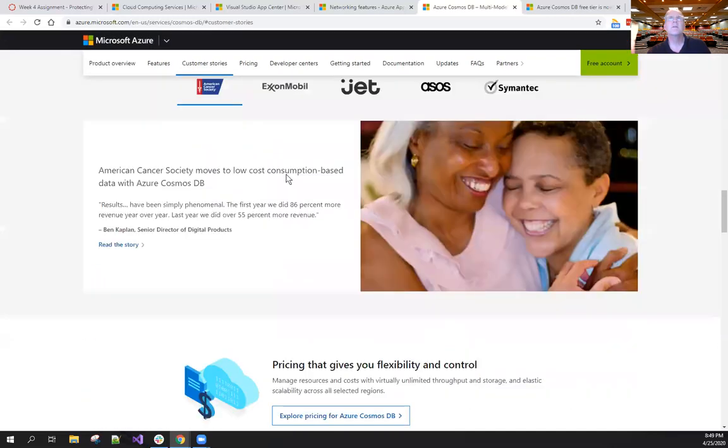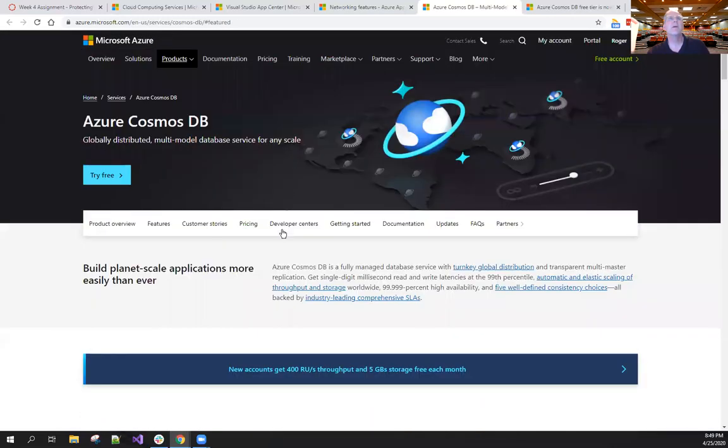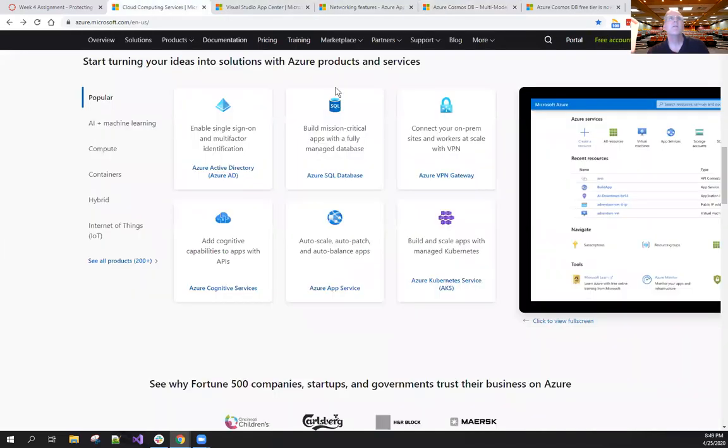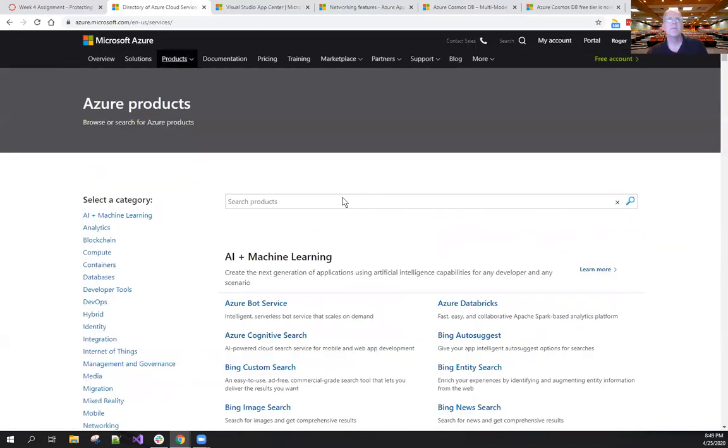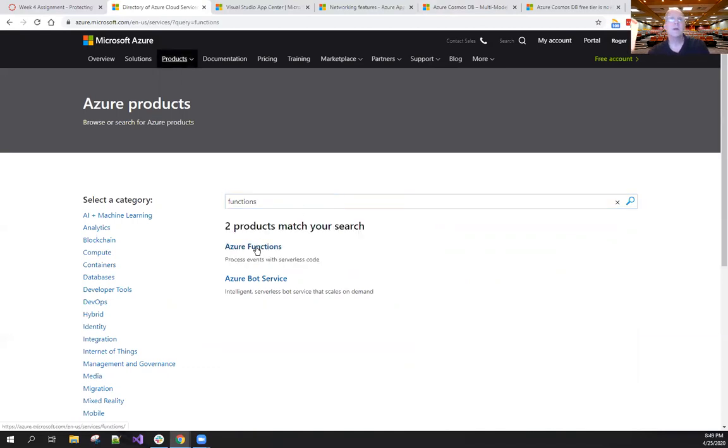Okay, now we figured it out. Microsoft does have Azure Functions. That correlates with Lambda.